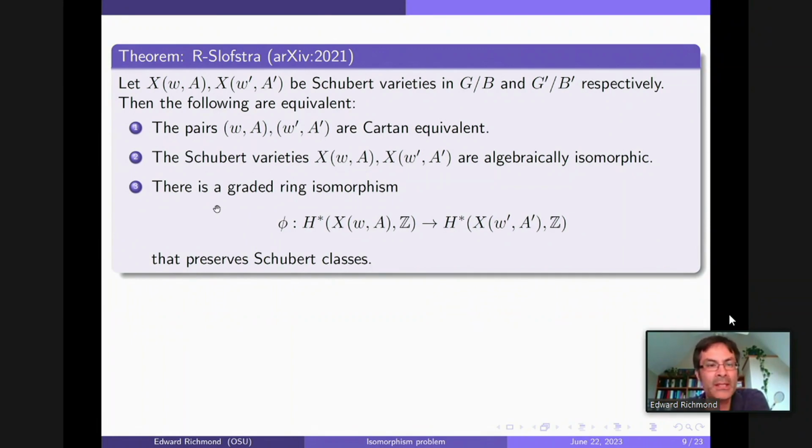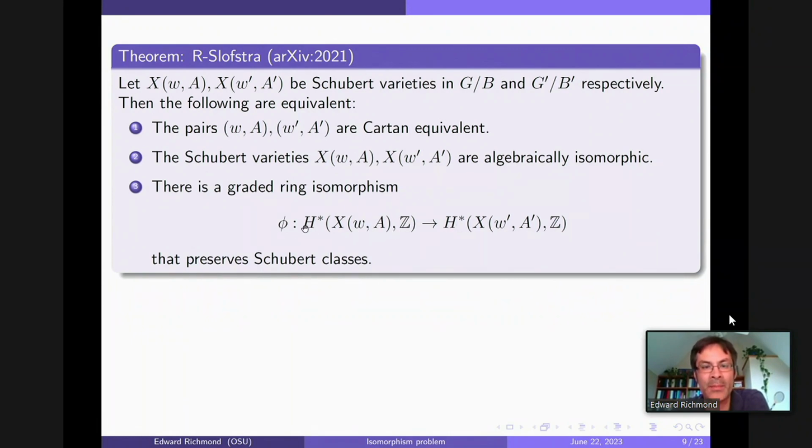And then part three is not just a bonus, it's actually necessary in the proof that we have. This relates back to some of the cohomological conditions that we saw before. There exists a graded ring isomorphism between the cohomologies, but it can't just be a ring isomorphism.